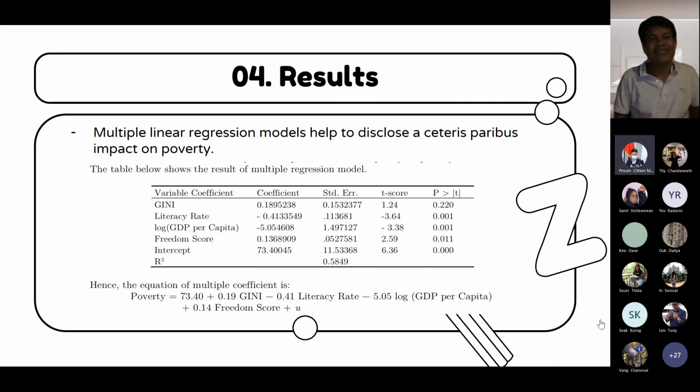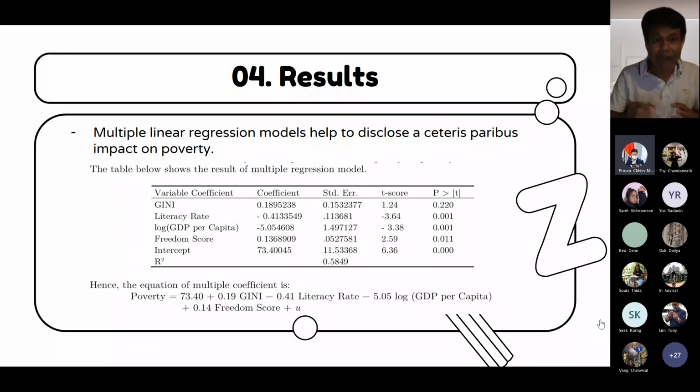We conclude that Gini is not related to poverty. To be honest, based on the result, I did not read the conclusion, but the author should conclude that the analysis suggests that the Gini coefficient has no relationship with poverty.